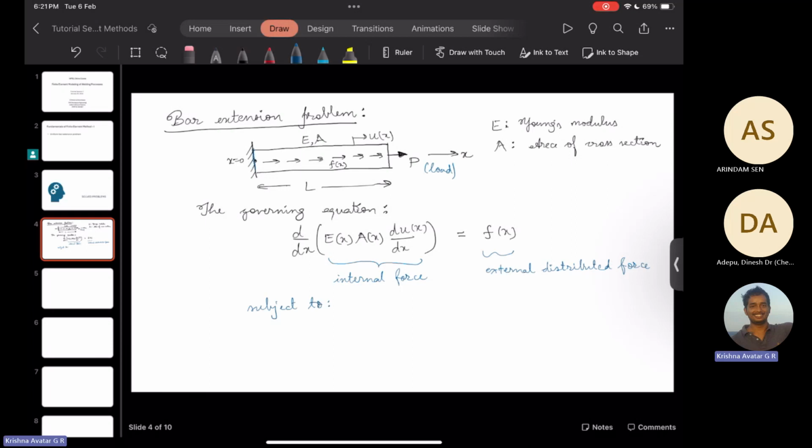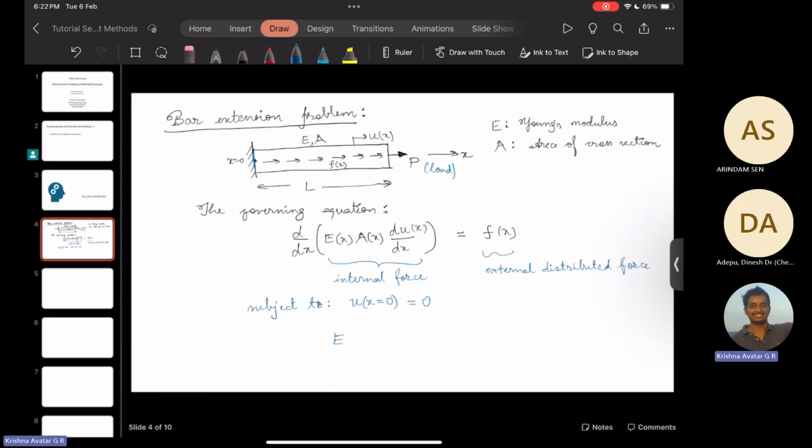Since this is a 1D problem and the order of the differential operator here is second order, the highest order derivative will be 2. As per the theory of elliptic operators, we require 2 boundary conditions to pose this problem as well posed. One of them is very evident from the setting of the problem: u at x equals 0 is 0.